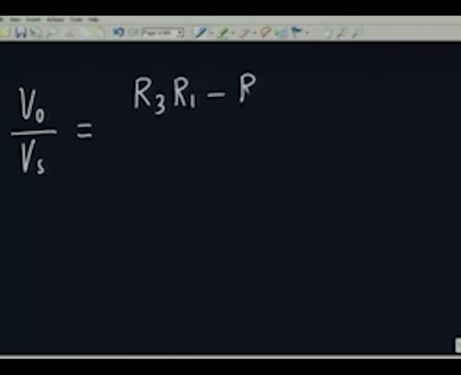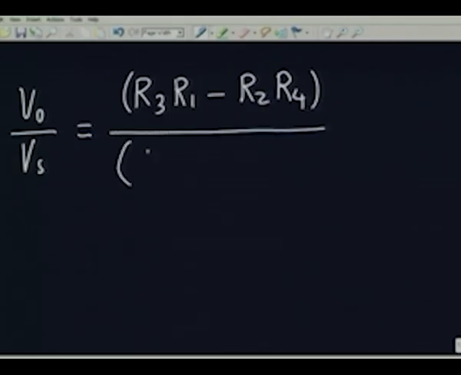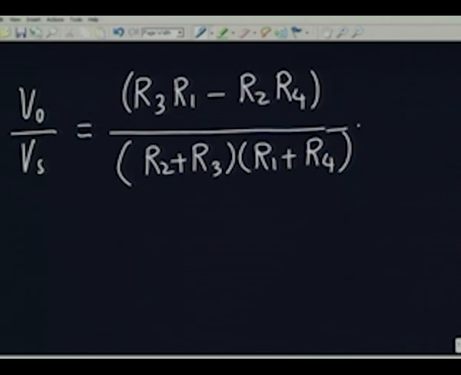So, V naught divided by Vs, the ratio of the output voltage to the supply voltage, is given by R3 R1 minus R2 R4, divided by R2 plus R3 into R1 plus R4. This is a very important equation.